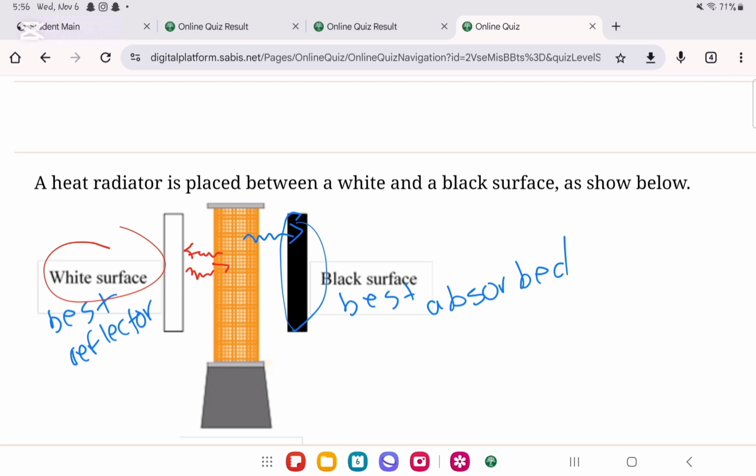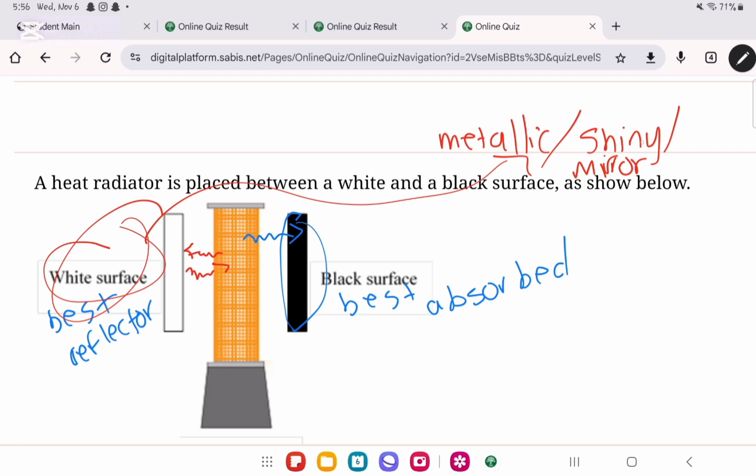Same thing if you were talking about metallic or something shiny, okay, or a mirror, then it will do the same thing as the white surface. It will reflect all of the light, not necessarily metallic, but anything shiny, anything that reflects. So you look at it, you see, does it reflect? Yes, if it reflects, then it's the best reflector, it's the worst absorber.